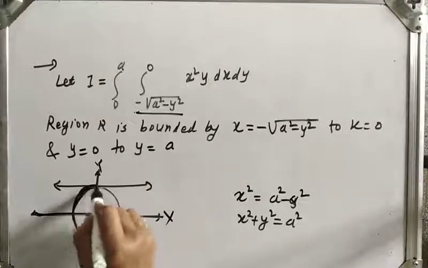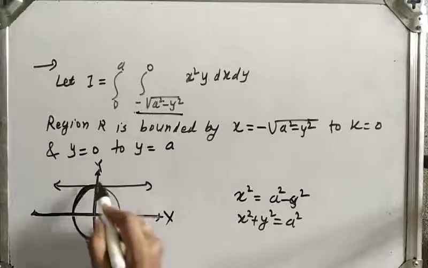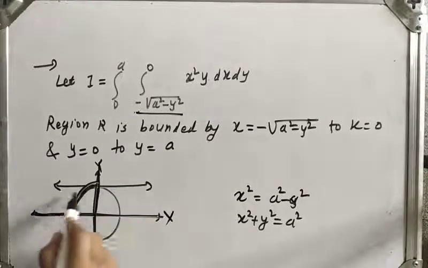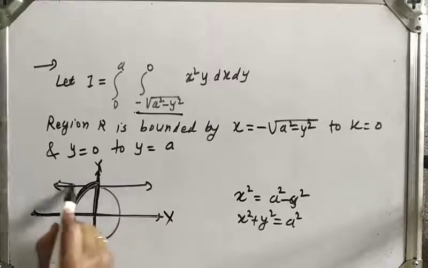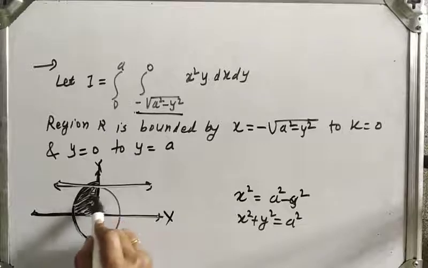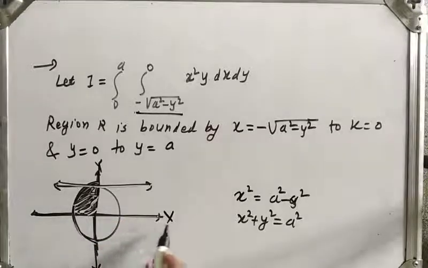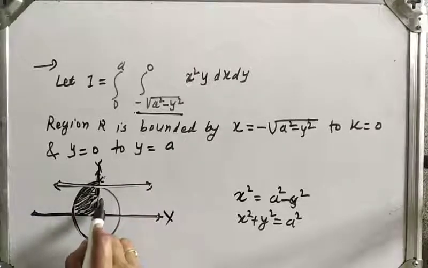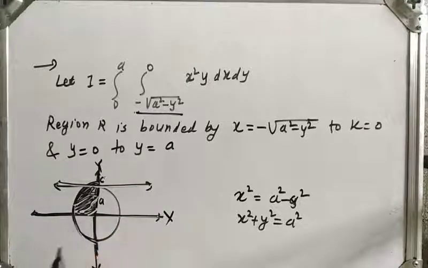So it is bounded by x axis, y axis, this half circle and this line. So this is our required region. This distance is a, this point is 0 0.